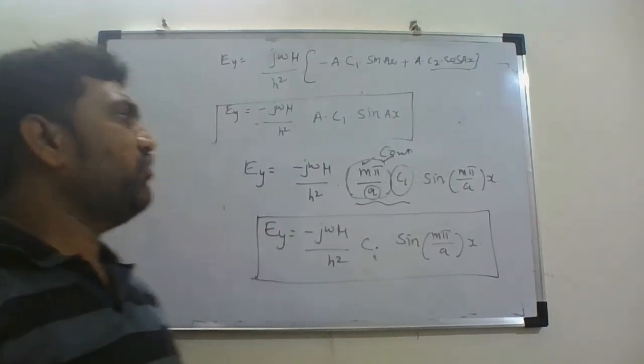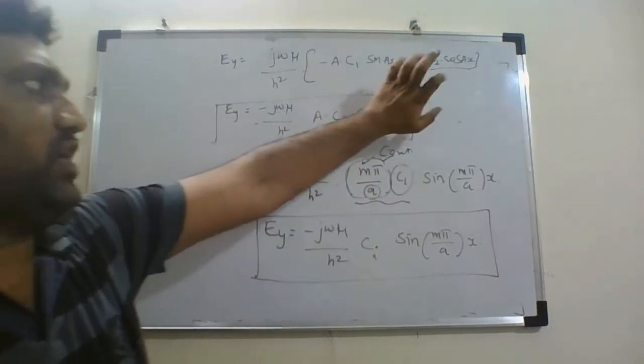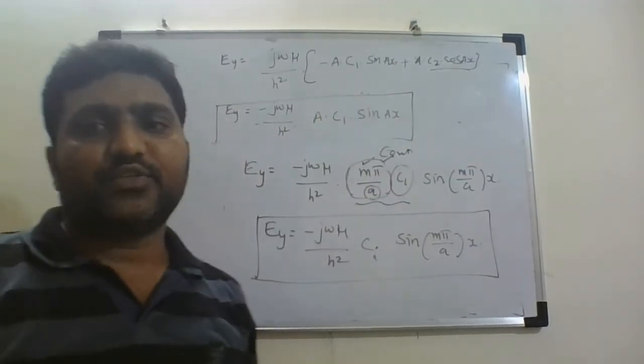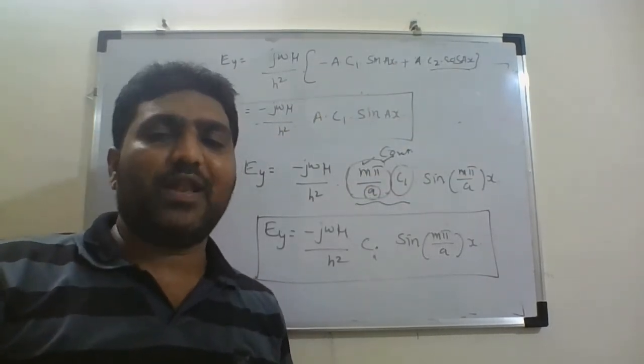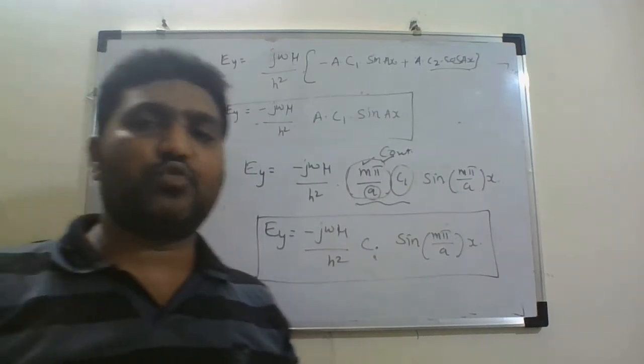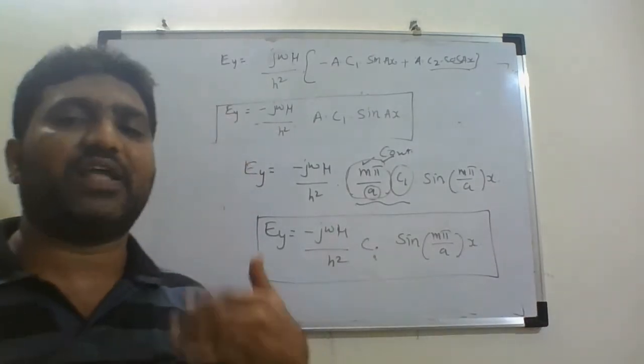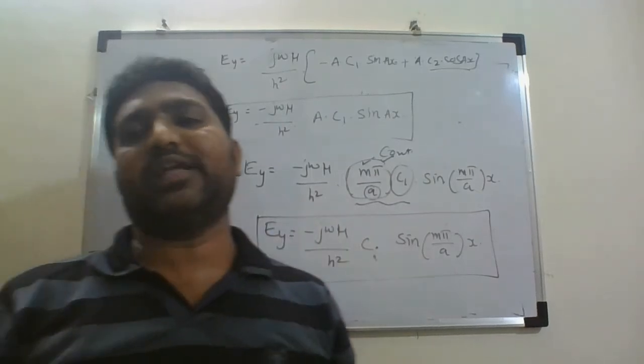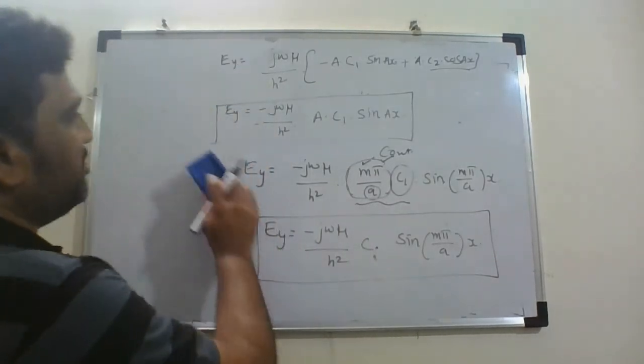Now from the boundary conditions we got C2 equal to 0. We can substitute the value of C2 in the terms for Hz and Hx to get simplified expressions.